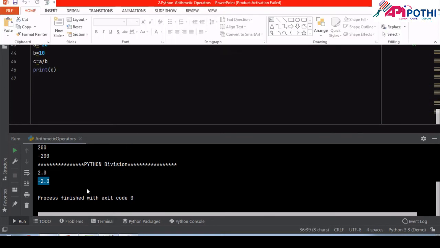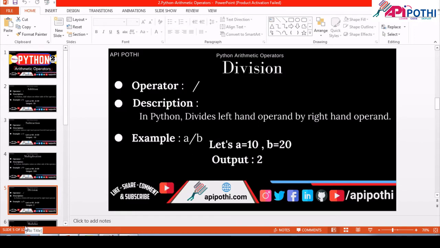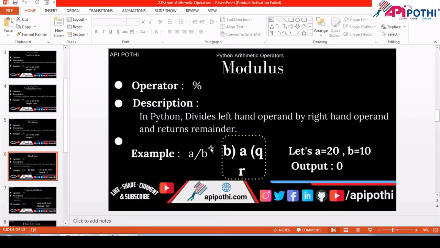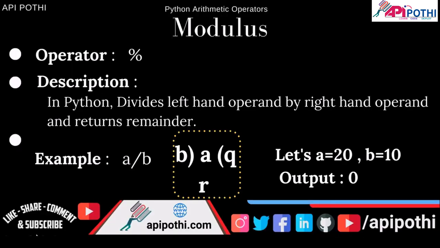Now coming to the next operation, called modulus. Modulus means A divided by B in Q times, and if it is not perfectly divisible, then it will give the remainder R. So this is the basic structure of any proper division.